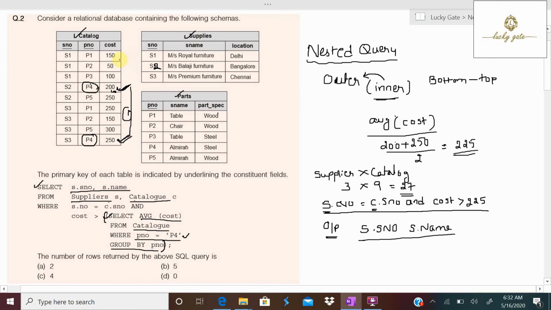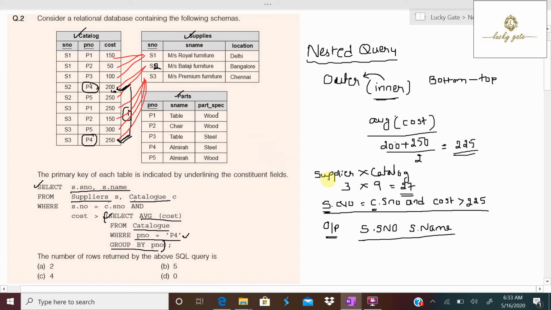Here when you see the matching rows of supplier and catalog, these are the rows of supplier S1. For supplier S1 we have 3 matching rows, and this is a record of supplier S2. So supplier S2 is matching with 2 rows, and supplier S3 is matching with 4 rows as a result of the join condition, that is the first condition.